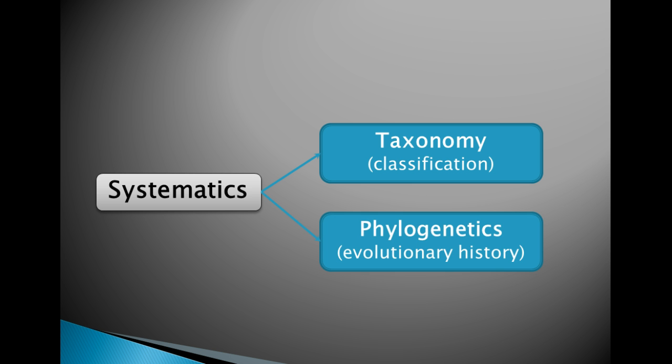Exploring the taxonomy of living things by classifying them, then exploring how they have evolved over time, also called their evolutionary history. This is called phylogenetics. Get that in your notes. So we're going to look at taxonomy or classifying organisms, and then we're going to see how that relates to their history, called phylogenetics.